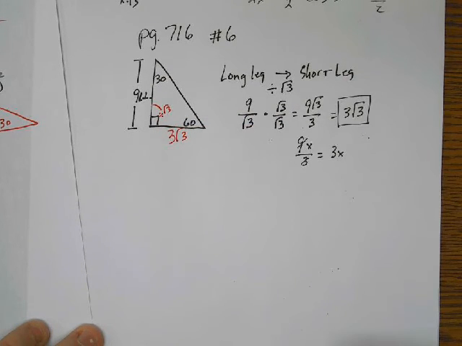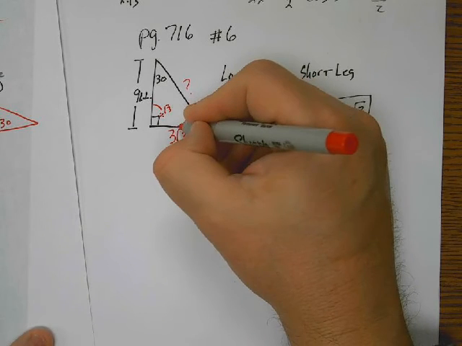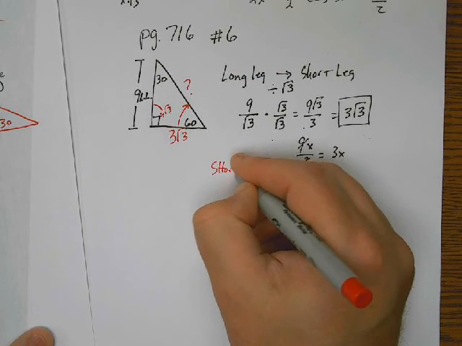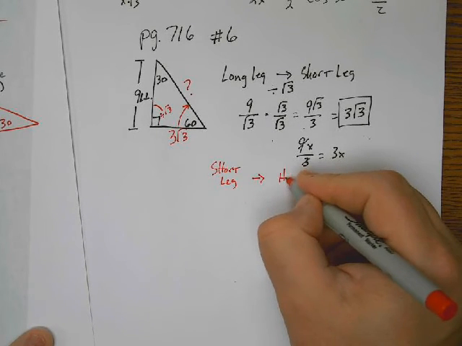Now, how can we find the hypotenuse? I'll put a question mark there. There's a couple ways. We could just put both parts into the Pythagorean theorem, or we could use the shortcut. If we know what the short leg is, and we want to go to the hypotenuse, anybody remember the shortcut? What do we need to do? Multiply by 2.